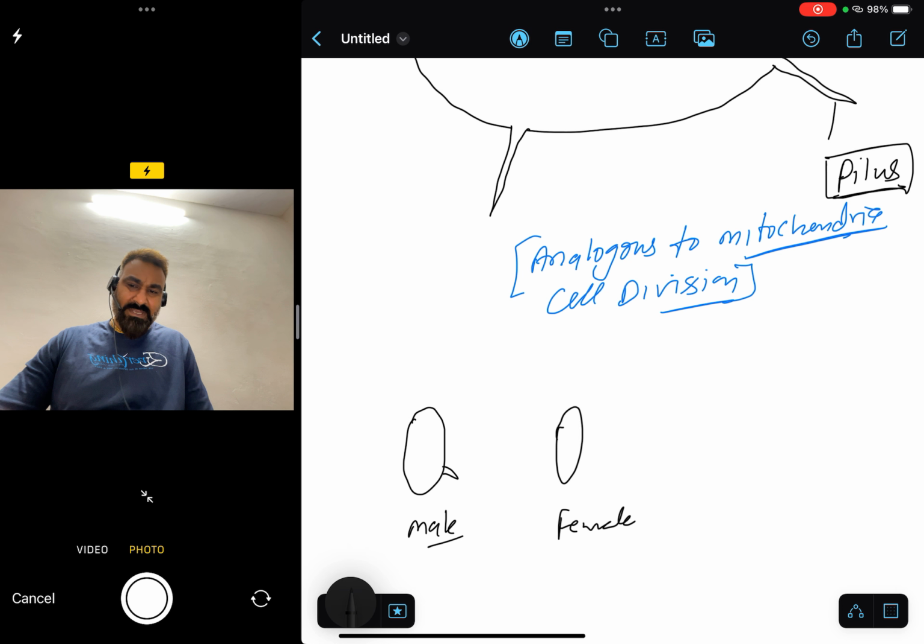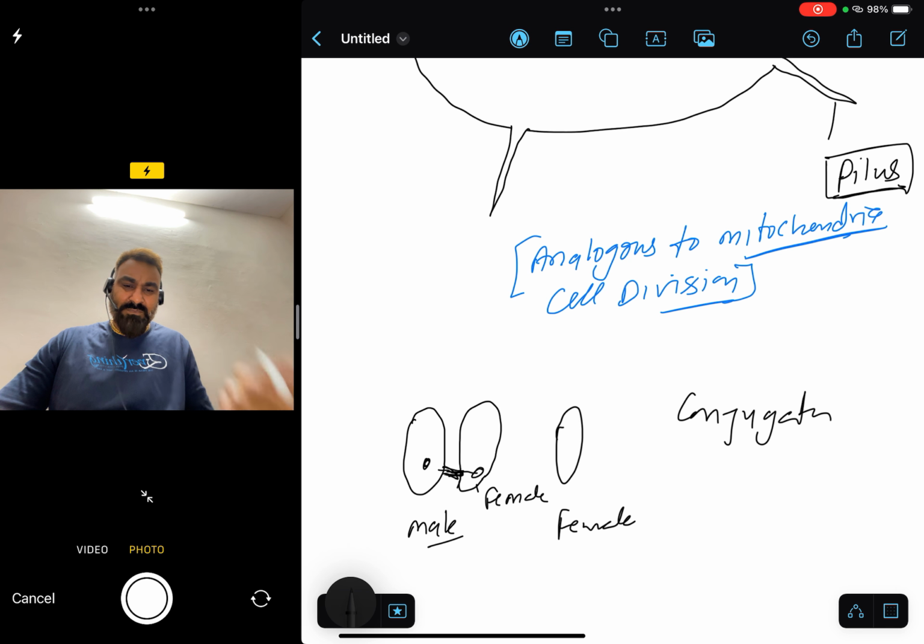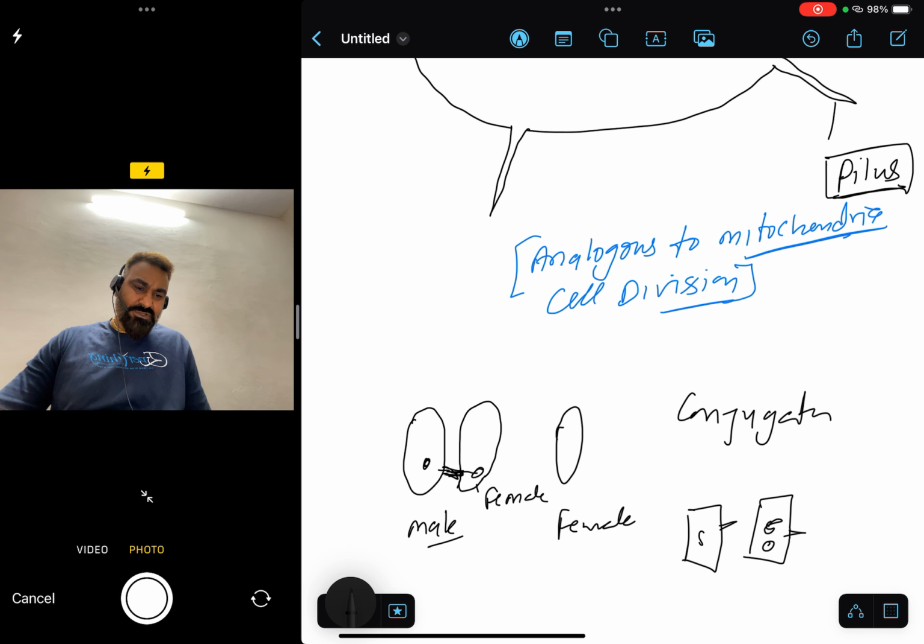So during conjugation, or sexual reproduction in bacteria, this pilus helps in attachment of another bacterium, which behaves as a female, to the male, and a copulation bridge or conjugation bridge is produced between them, and one copy of the plasmid migrates to the female bacterium. Then both are separated, so this bacterium also produces pilus and has plasmid.